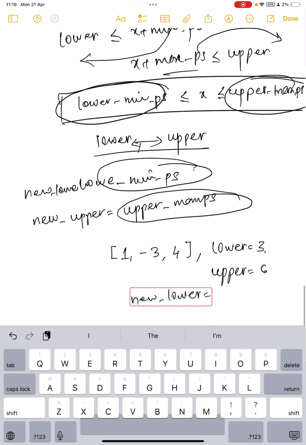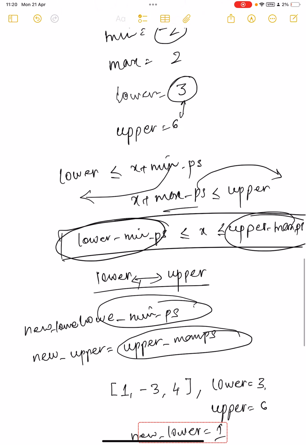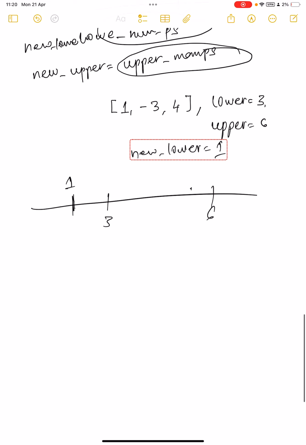So new lower becomes 1. And then upper becomes 6 minus max, which is 2, so 4. Max was 2, so new upper becomes 4.